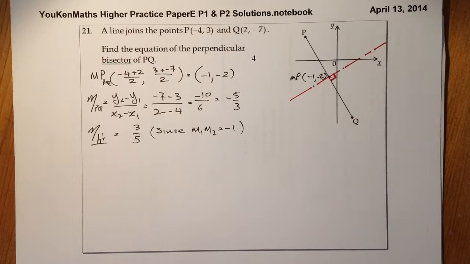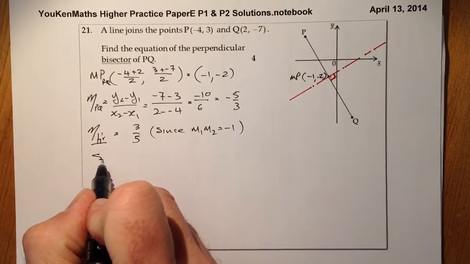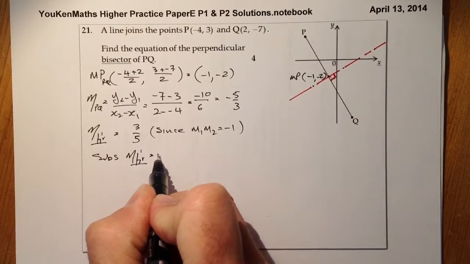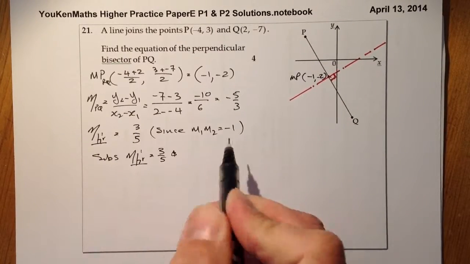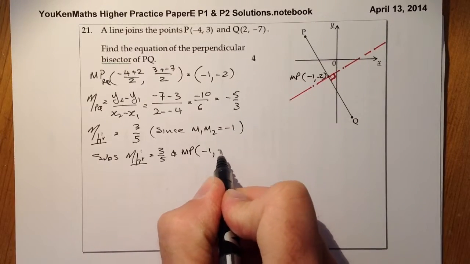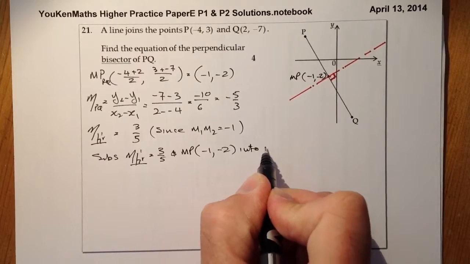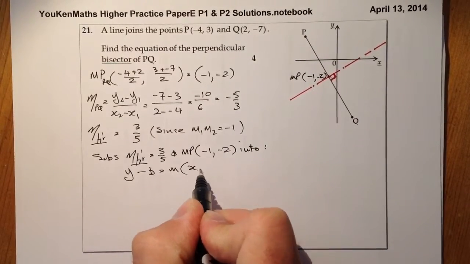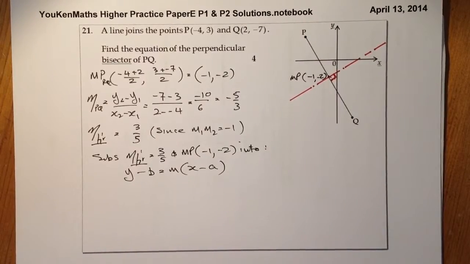All that's left to do now is to substitute what I've found into the equation of a straight line. So let's substitute the gradient that we've worked out, the perpendicular gradient, which is 3 over 5, and we're substituting the midpoint in, so that's the point that we're going to use, and we'll put that into the general equation of a straight line. y minus b equals m(x minus a).